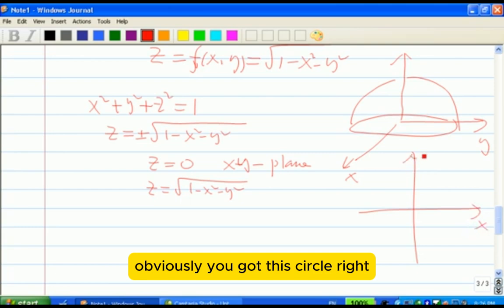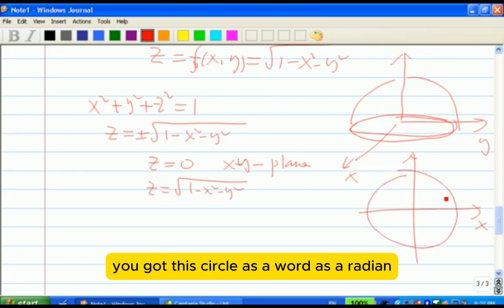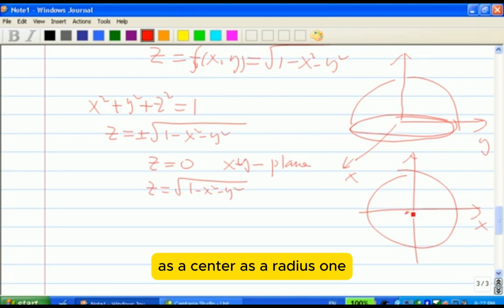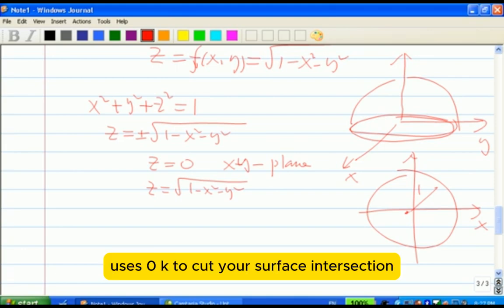Obviously, you get this circle, with the origin as the center and radius 1. So the level curve is using z equal to k to cut your surface. The intersection gives you the level curve.